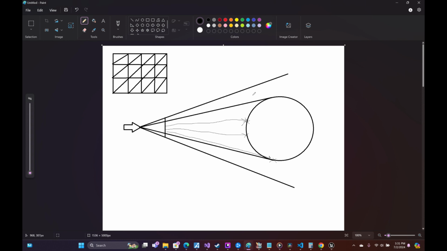And then you have to figure out a way to either cull or hide these vertices, or you could even just have all of these vertices move to the last point that intersected the sphere or the object that you're trying to project onto. But what that does is it gives us a constant mesh resolution that you can use for things like water.